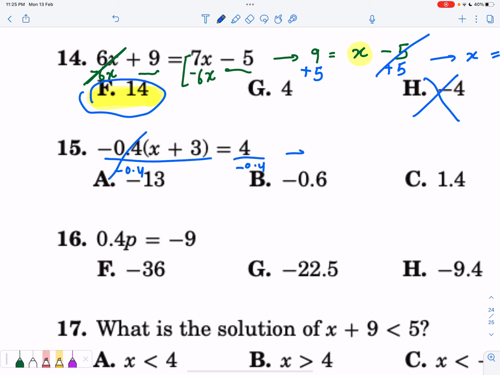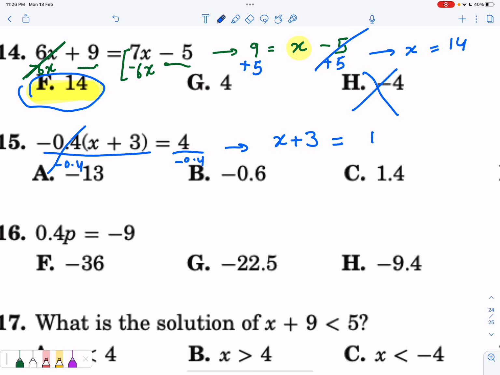Okay, so here we will get x plus 3 is equal to, now you have 4 divided by 0.4. Now this might be a little bit hard to do by hand, but the answer is equal to 10. Don't worry, in the exams, inshallah, we're not getting any hard questions like this.